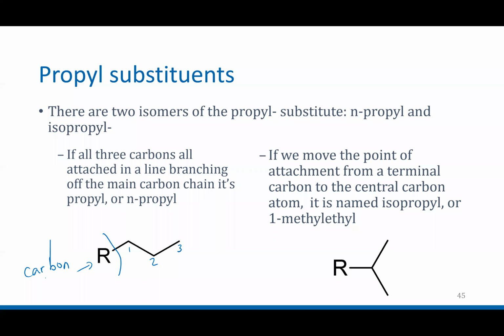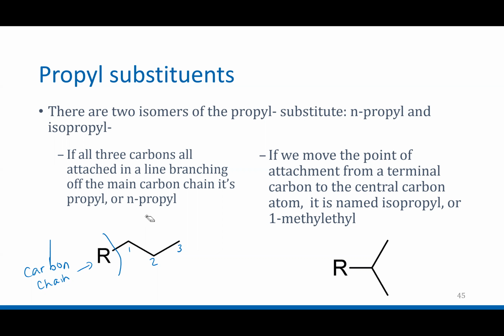R just represents a carbon chain. Could be anything. So if all three carbons are attached in a line, we call it propyl. Now, I think very early in this course, somebody called it N-propyl. They obviously have done organic chemistry before. I don't mess with the N, I just call it propyl, and IUPAC agrees.